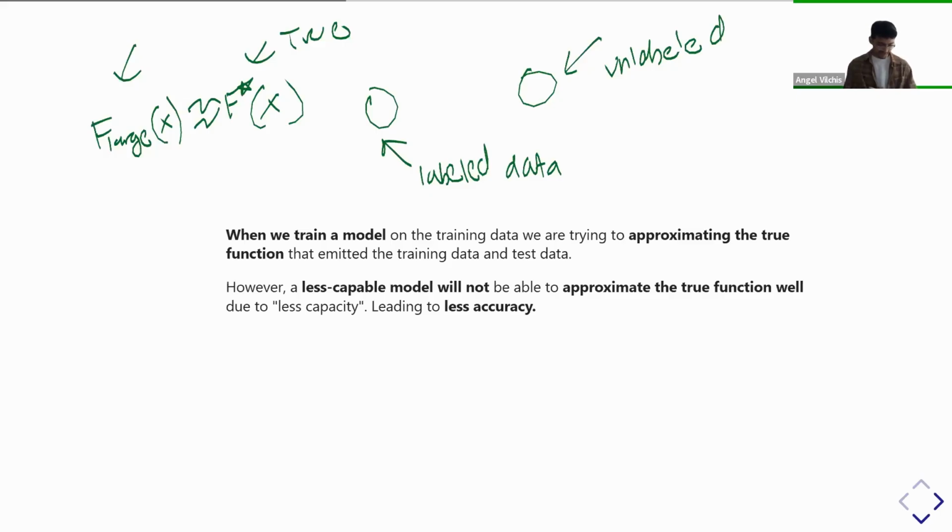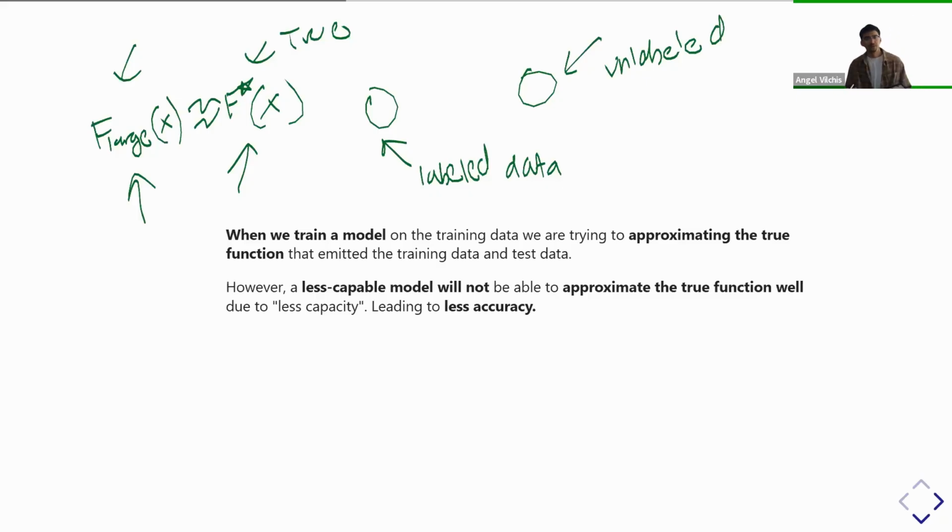But we now have the large model's function, which is accurate. So what if instead of training the small model to approximate the data's true underlying function, we try to make the small model approximate the large model's function? Basically, instead of training the small model on the labeled data, what if we label the unlabeled data, and we can label the labeled data as well, with the large model, right?